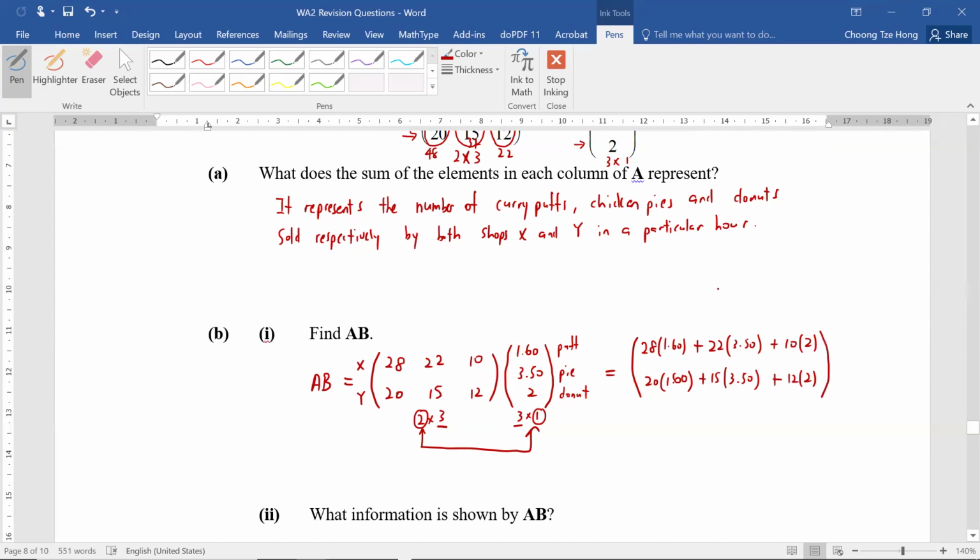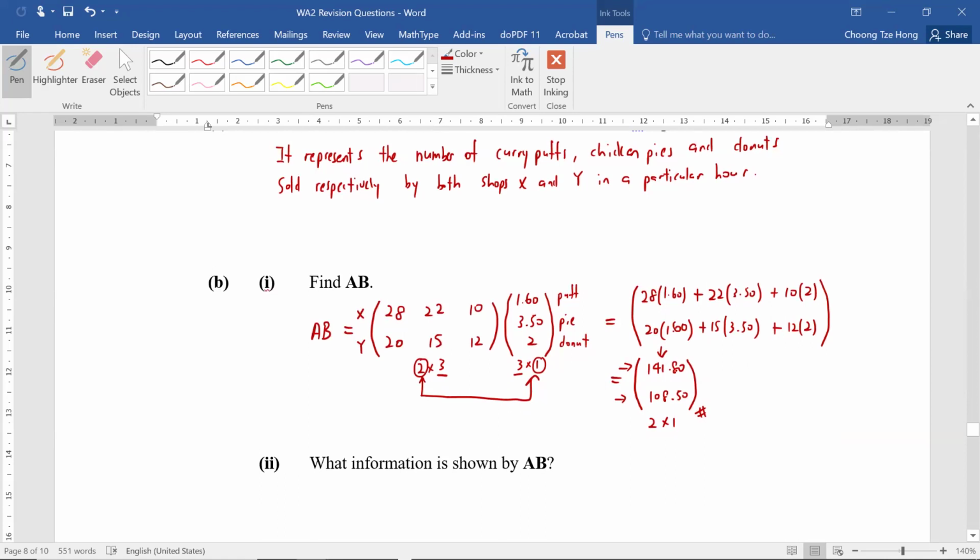So row by column. This will end up giving me 141.80 and 108.50. Indeed we have a 2 by 1 matrix, 2 rows and 1 column. So this is how you do the matrix multiplication.